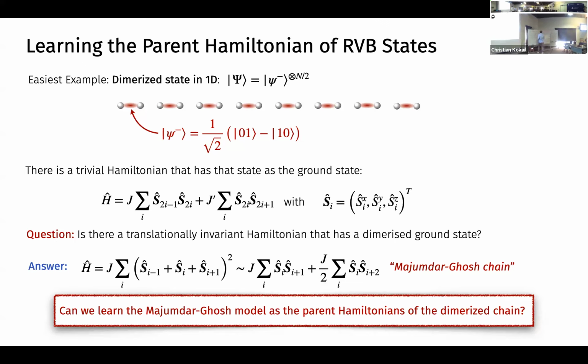So if you take the alpha component on site i and the same spin component on site i plus 1, and you apply this to psi minus, it's 0.